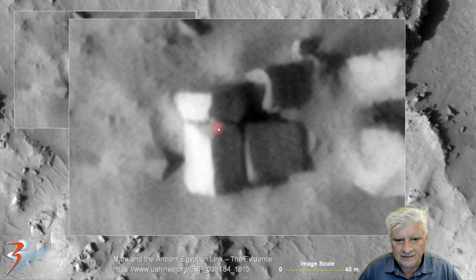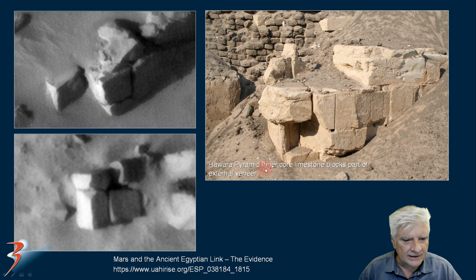This one's got what looks like a carved in area there, and on that side it's almost like a column. Everything seems to be destroyed and fallen over in the past, and there's another block same size as those featured previously right next to it, and I compare those to the inner core limestone blocks, part of the external veneer of the Hawara pyramid.